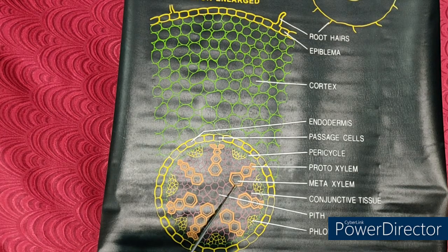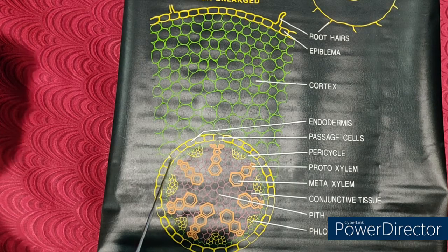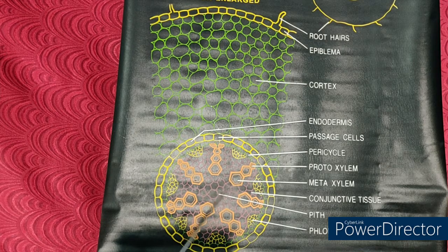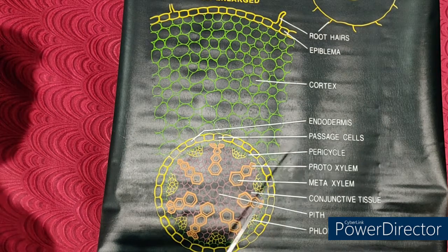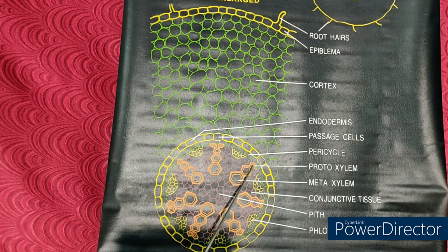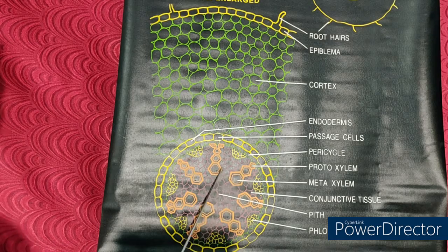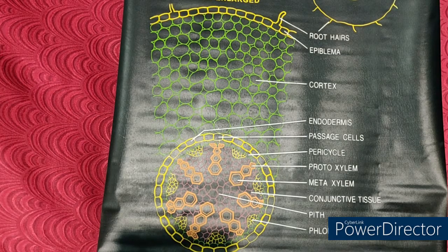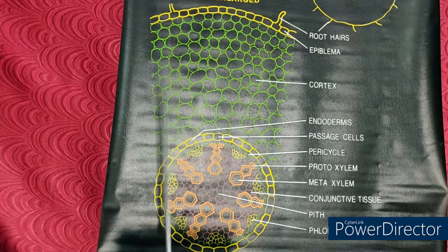And the next is they are exarch in nature. The vascular bundle is exarch in nature. That is, when you look into the xylem tissues, metaxylem is towards the center and protoxylem towards the periphery. Periphery means outside. Okay, since protoxylem is at the periphery and metaxylem at the center, this nature is known as exarch.